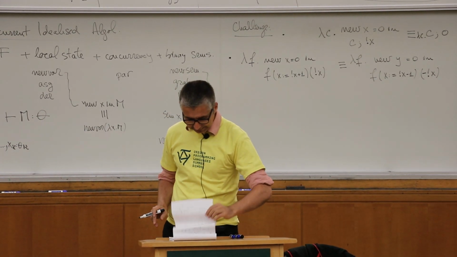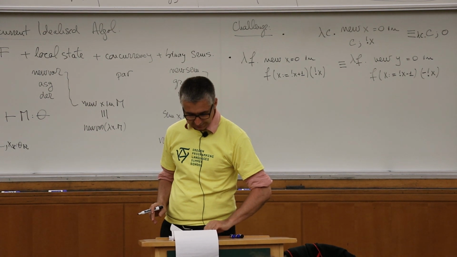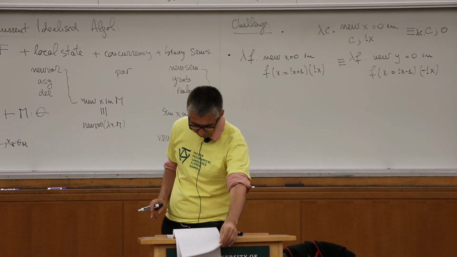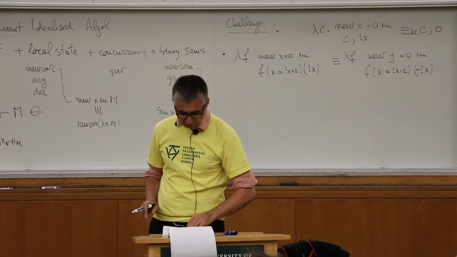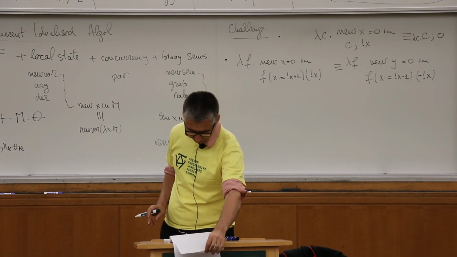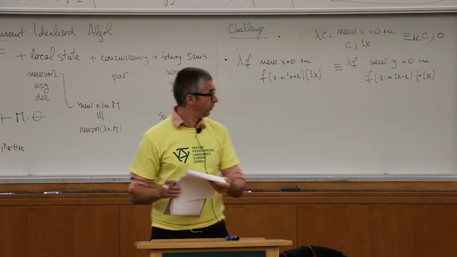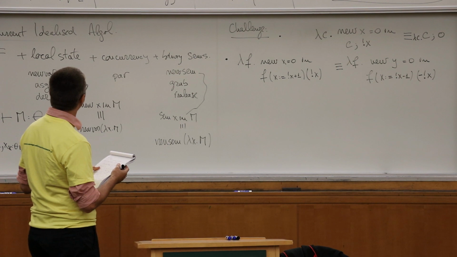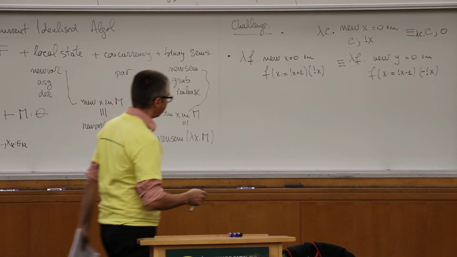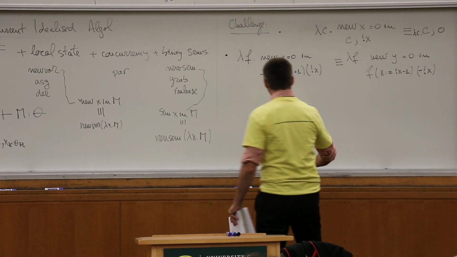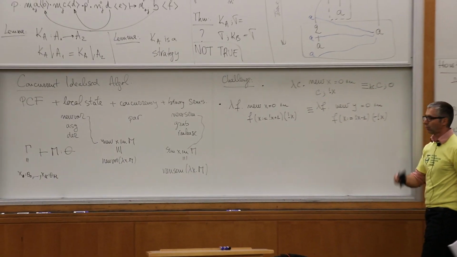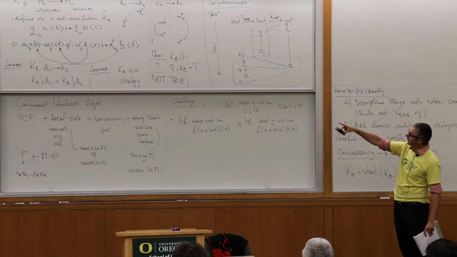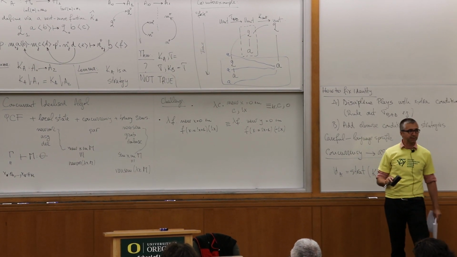Right, so let's now interpret this language. And we already know how to interpret all the constants, because we gave the interpretation for state, we gave the interpretation for if, we gave the interpretation for parallel composition.